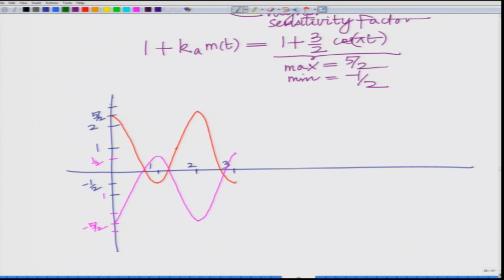And now, this is basically your envelope, and now if I draw again the carrier which is modulated by this message signal, I have something like this.